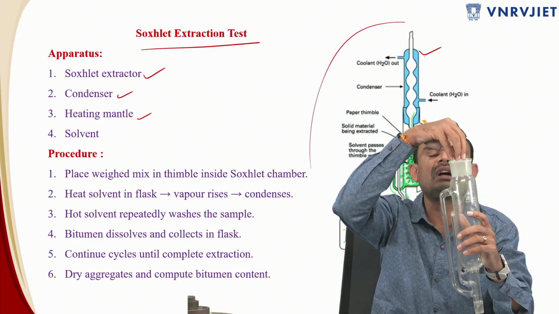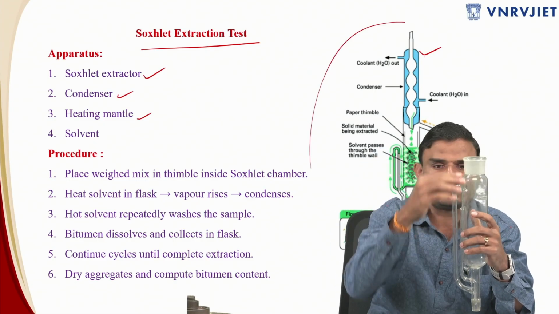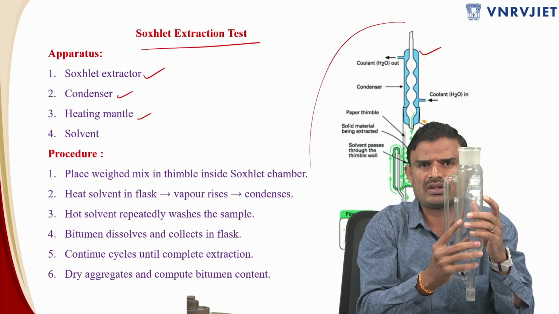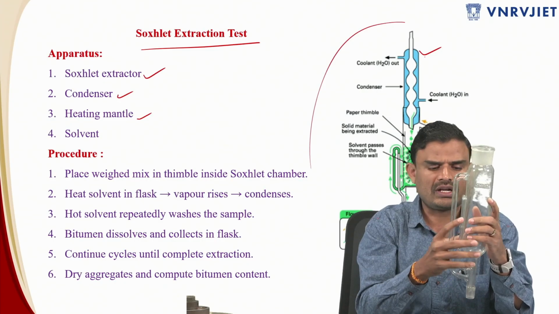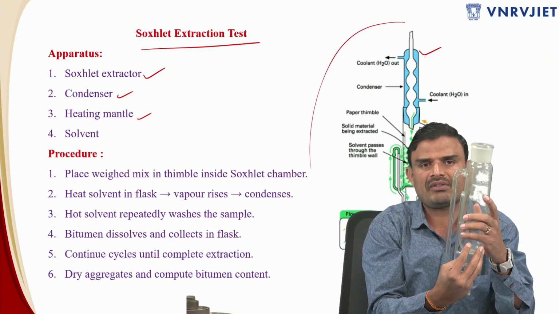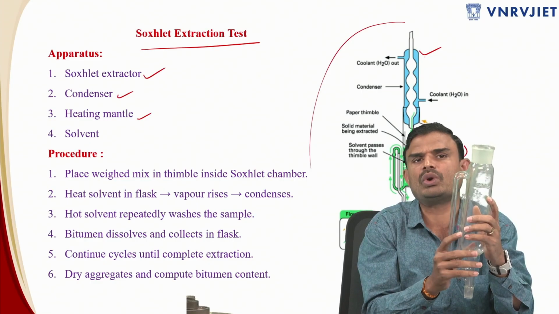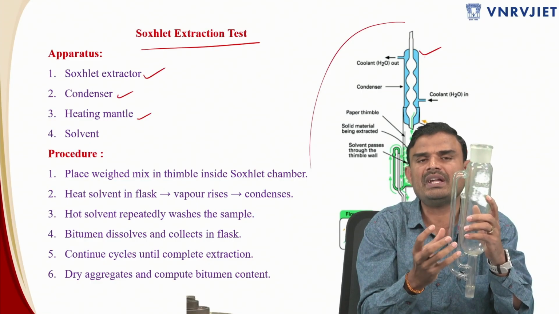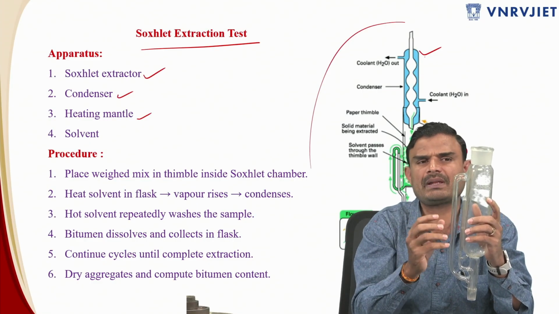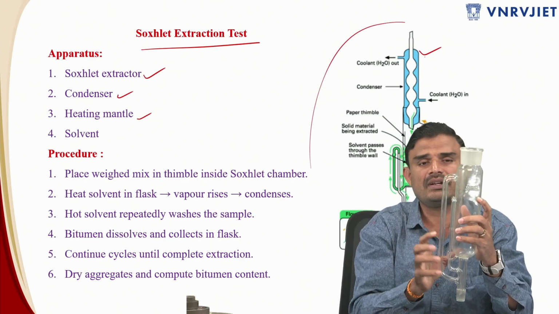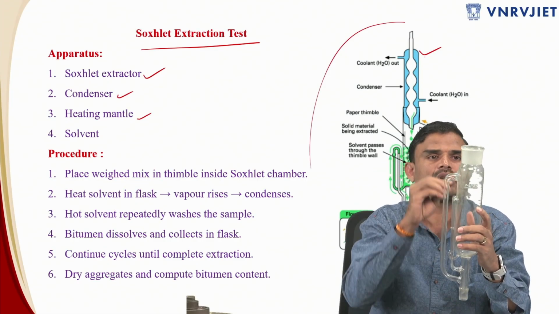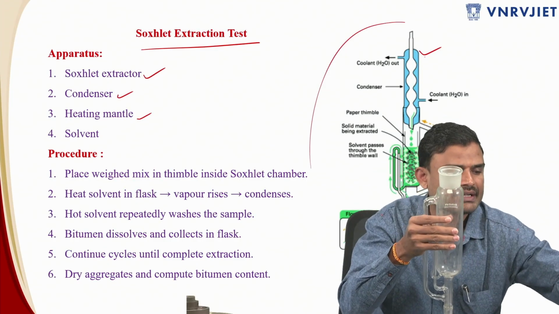That paper thimble along with the bituminous mixture will be placed inside this Soxhlet glass tube, so it will come to the bottom of this. The amount of material you take in this experiment is hardly 200 grams. The 200 grams has to be placed into the paper thimble and kept inside this Soxhlet tube.